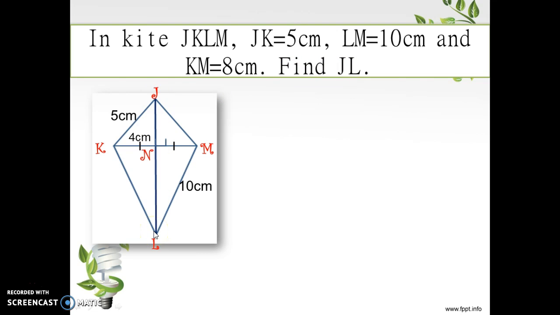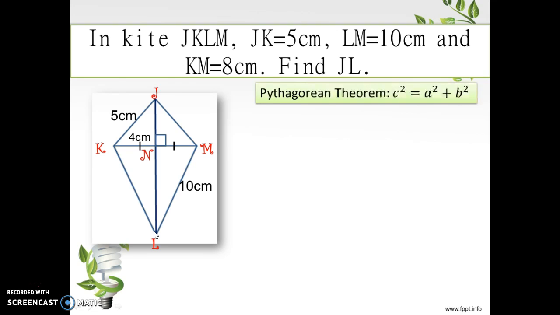Now since they form right triangles, we can always apply the Pythagorean theorem, which states that the square of the hypotenuse is equal to the sum of the squares of the two legs.